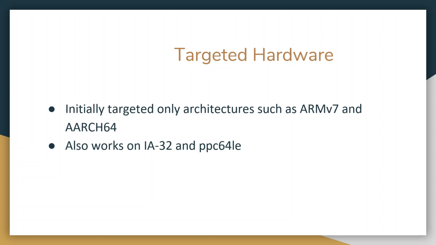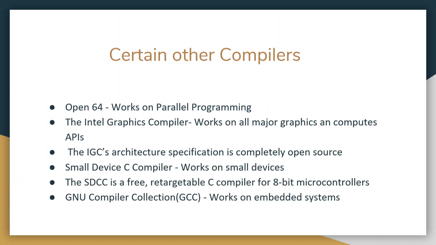The target hardware for Clang was originally the ARM version 7 and ARM64. Now we will talk about a few other compilers designed for specific functions. The Open64 compiler was specifically designed to work on parallel computing.